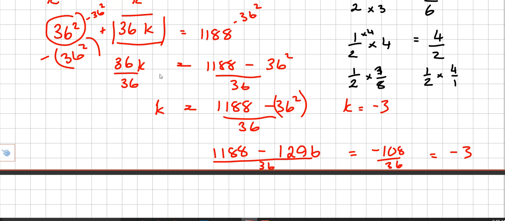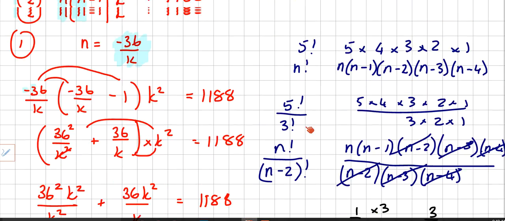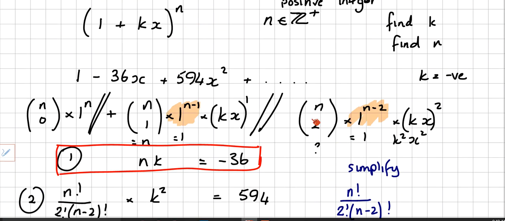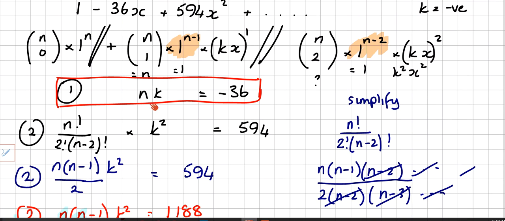Now we decided, if you just refer back, everyone, all the way up here, that k had to be negative, because in this one, n times k has to be minus 36. We know n has to be a positive integer, therefore we were expecting k to be negative. Now what's n? Minus 36 divided by minus 3, 12.